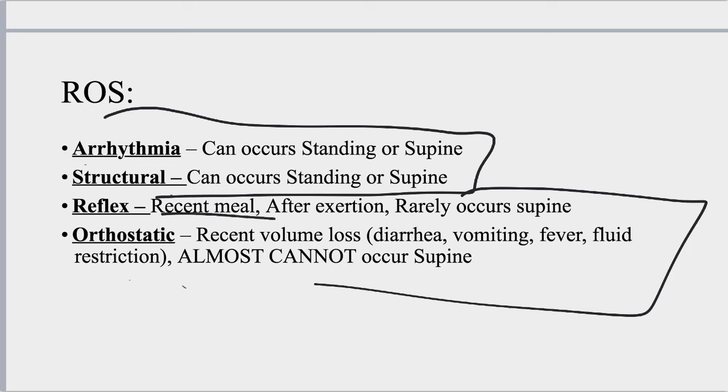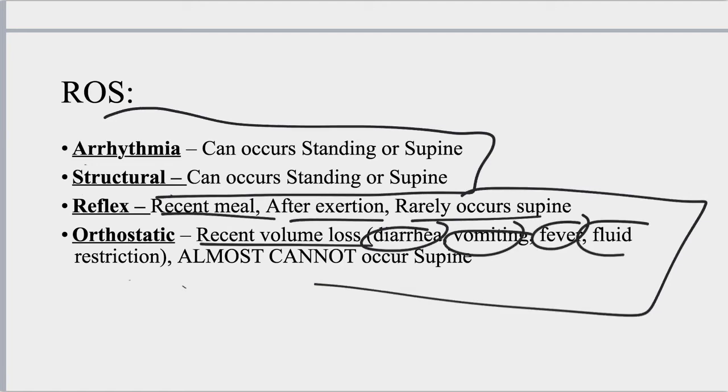For reflex, was there a recent meal, because you're activating the parasympathetic nervous system in the GI tract? Was it at the end of exertion?